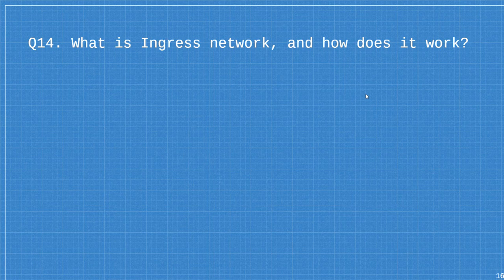Like for slash grafana, it will redirect the traffic to the Grafana node or port we're using. We can take the IP of the load balancer and add slash grafana, and that's how it will work.